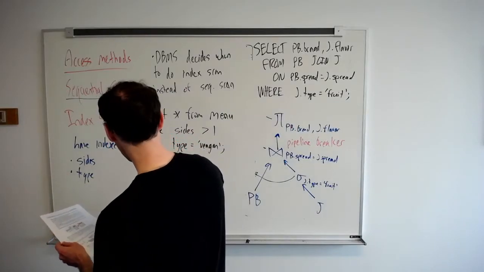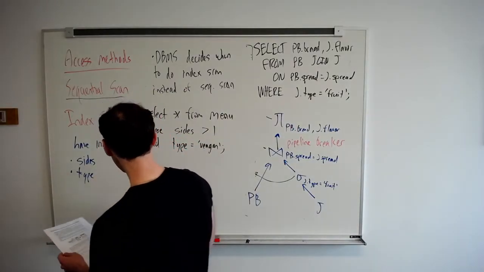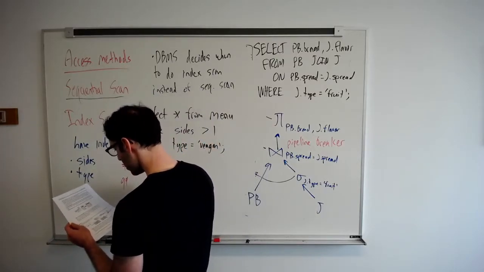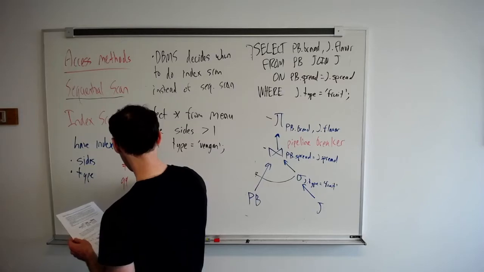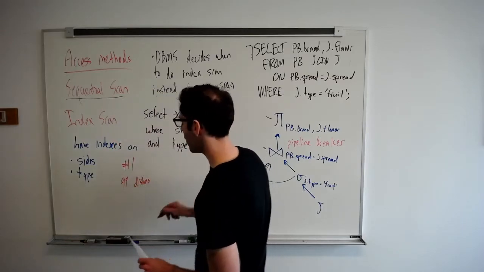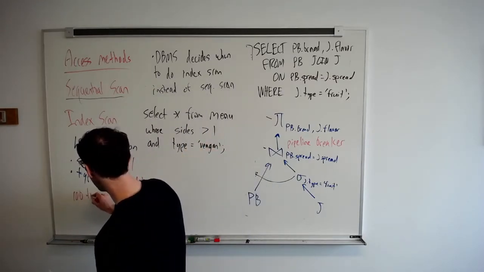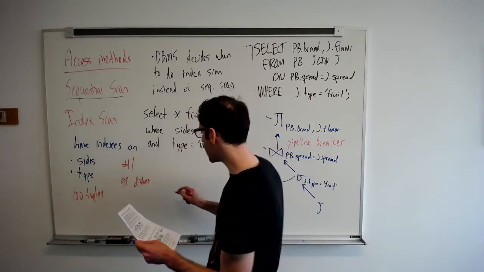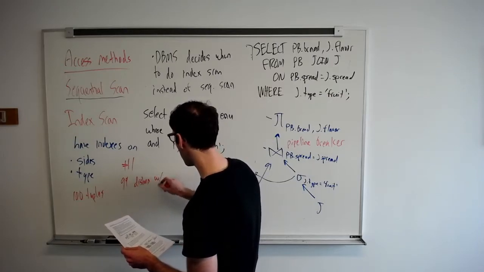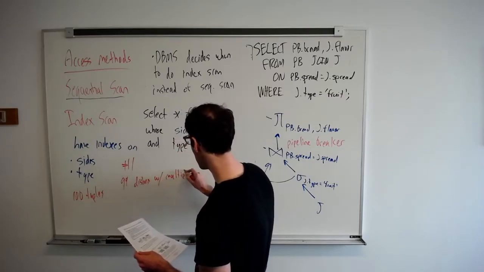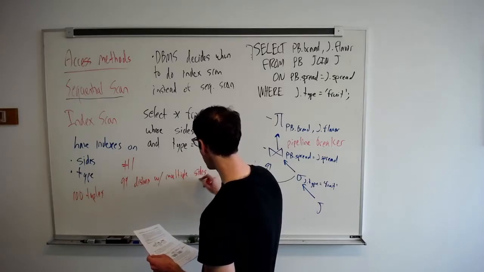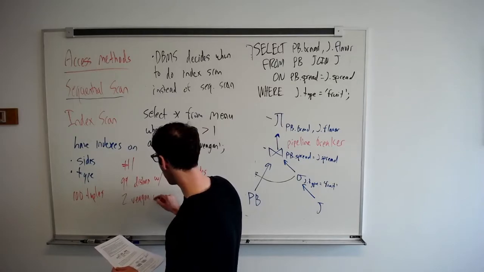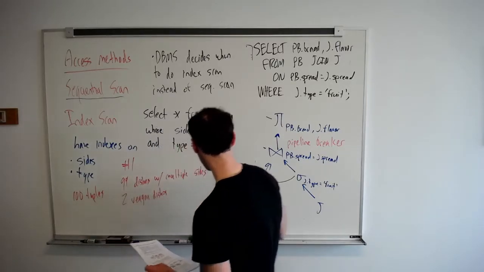So scenario one: we have 100 tuples total, and we have 99 dishes with multiple sides, and we have 2 vegan dishes.